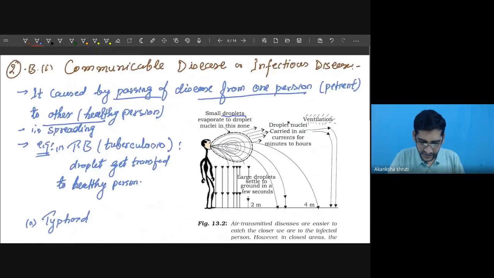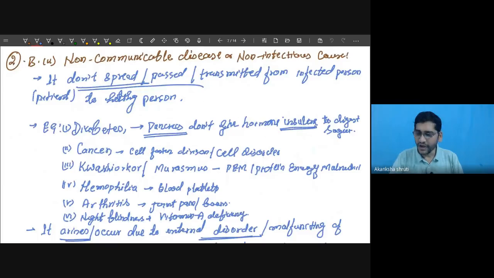Non-communicable diseases are not communicated or carried from any patient, but develop in an individual because of a certain disorder or malfunctioning of an organ. If you are not taking healthy food, your organs become weaker and you may fall ill. If the pancreas starts malfunctioning, it cannot release the insulin hormone, and the sugar we eat will not be metabolized.